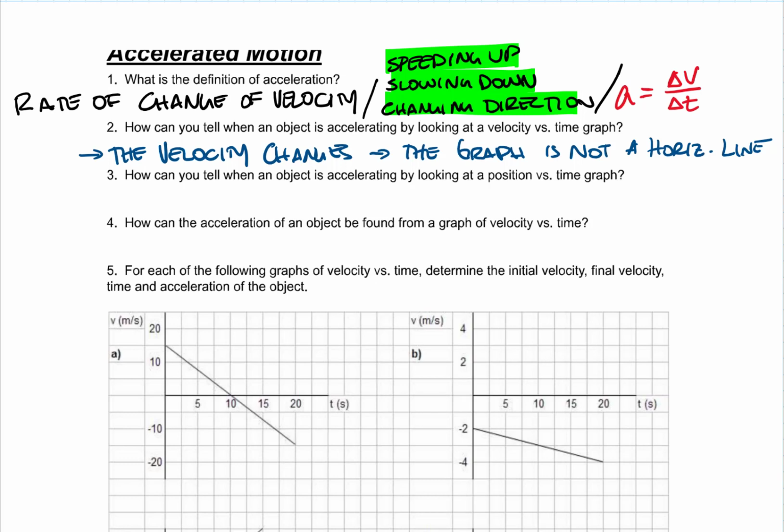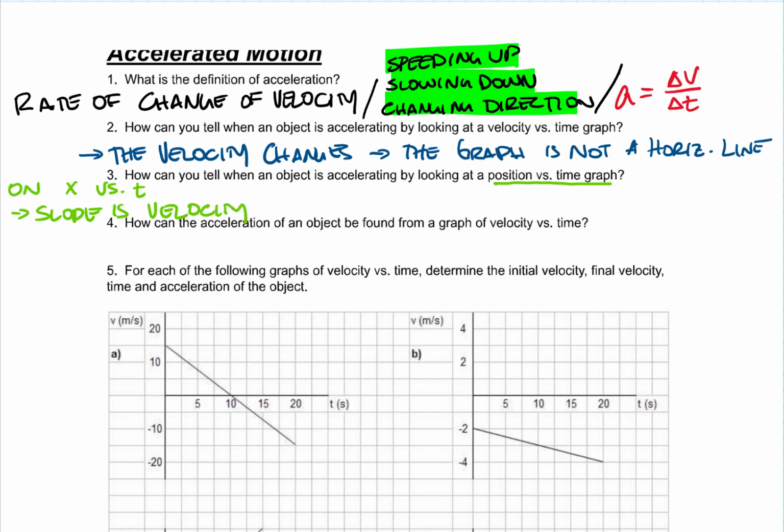So, how can you tell when an object is accelerating by looking at a position versus time graph? This takes a little bit more work to do, but on a position versus time graph, on x versus t, slope is velocity.